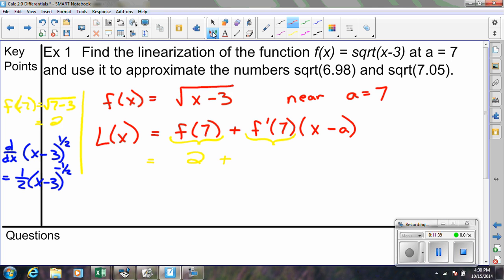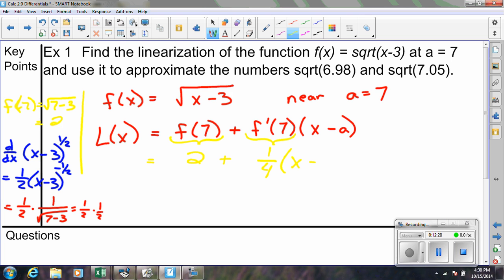But we're not going to take this derivative and plug it in just for f prime of x. Again, we want f prime not of all x's, but of the specific one of 7. When x is equal to 7, we're taking 1/2 times, the negative exponent tells us 1 over, 1/2 is square root, so we have 7 minus 3. 7 minus 3 is 4, square root of 4 is 2, so we wind up with 1/2 times 1/2, which yields 1/4.